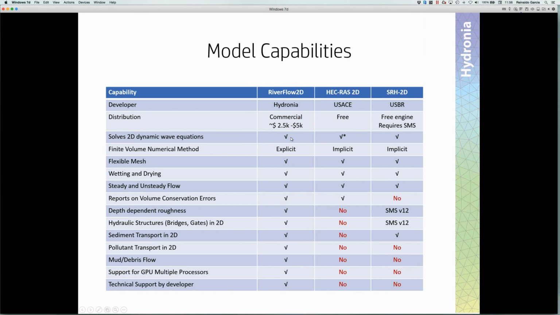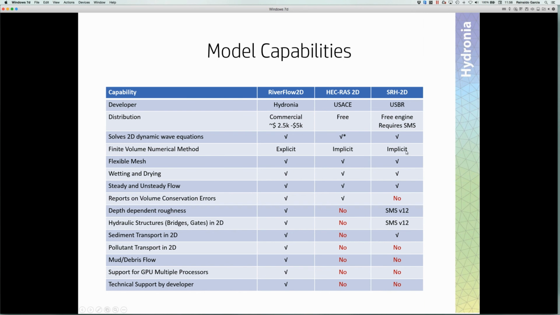Now, the equations that are solved are similar, although HEC-RAS-2D does not use the full conservation form of the equations, but the full momentum equations are used there. The numerical method in all of them is finite volume, although RiverFlow2D uses an explicit method, and the other two use an implicit method.